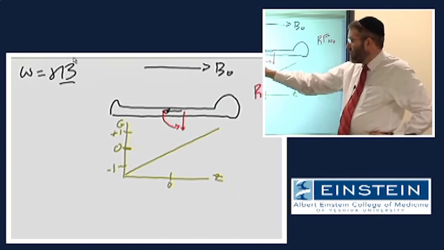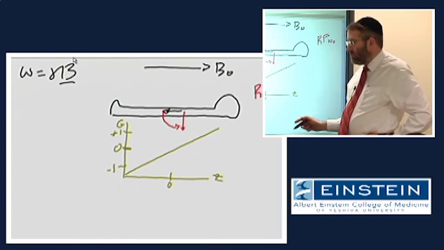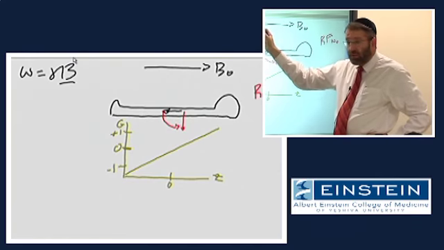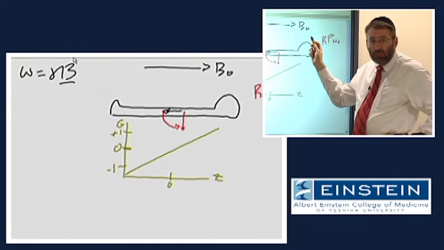Now, this is just the gradient magnetic field. In addition to this, we have our static magnetic field, B naught.